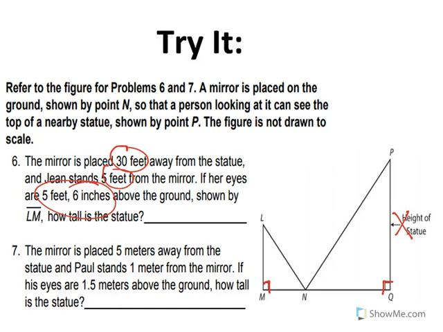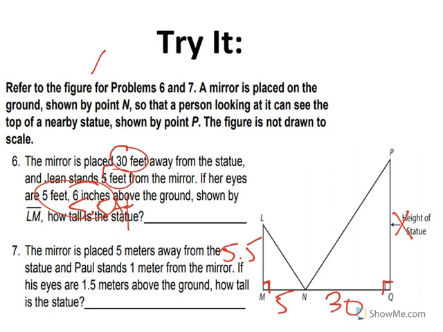So we need to convert all into the same measurement. So, well, 5 feet 6 inches, we can change that to 5.5 feet. Right? So then it's easier for us to work with that. Okay, so then we can label this as 5.5, and the mirror is placed 30 feet from the statue. So this is 30, and Jean stands 5 feet from the mirror. So this is 5. So we can use proportion.